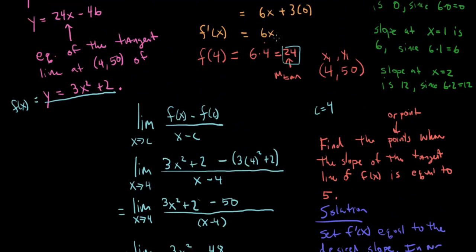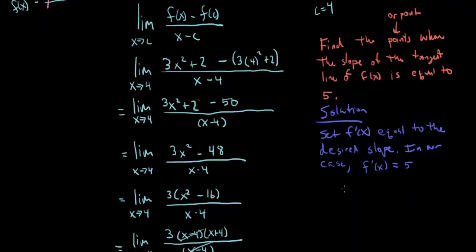F prime at x was 6x, so set 6x equal to 5 and solve for x. Okay? So that tells us when x equals 5 over 6, that's the point where f of x has a slope of 5.